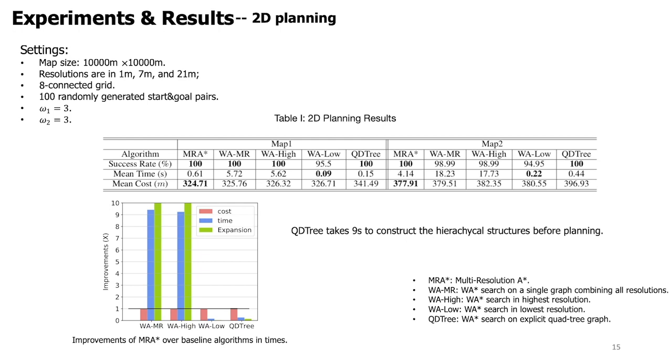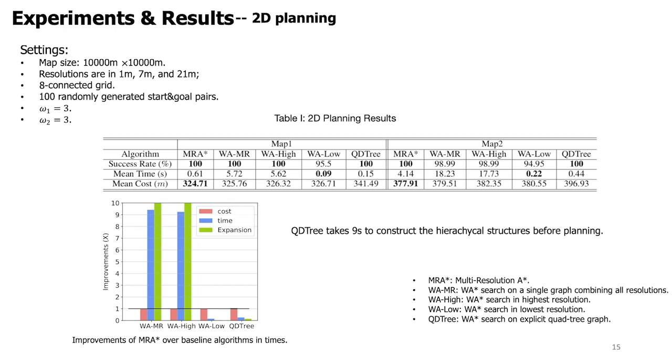We have baseline algorithms: weighted A* searching on a single graph combining all resolutions, denoted as weighted A* MR, in highest resolution, denoted as weighted A* high, and lowest resolution, weighted A* low. Besides, we have implemented cold tree search, denoted as QD tree. Baseline algorithms are using weight W2, so all algorithms have the same bound.